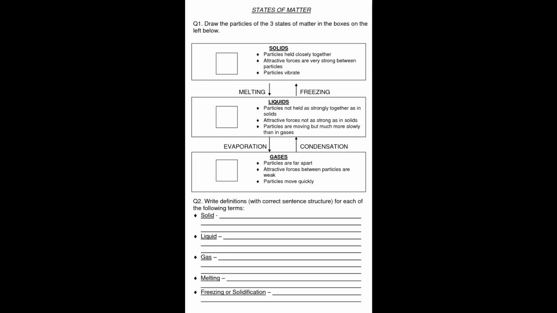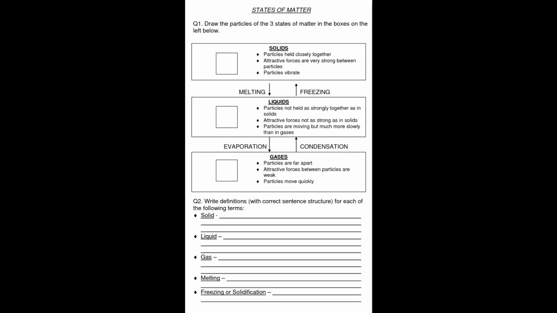It's just to draw the particles, but I showed you some pictures, so I'm okay if you choose to do just a photo of something physical that makes up a state of matter. But please do not use the logs for the solids, the coffee for liquids, and the rocket ship for gases. Find your own examples and go ahead and draw them in there.